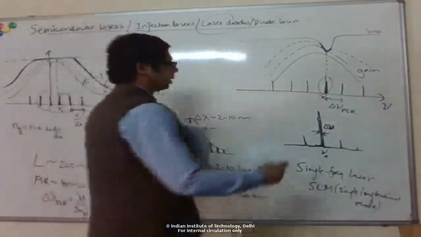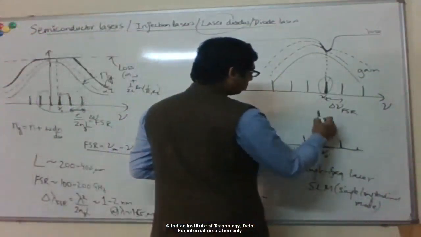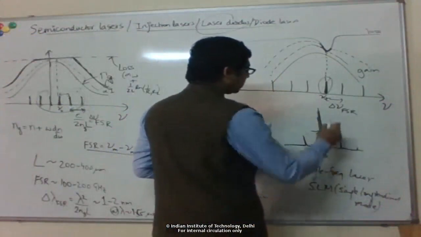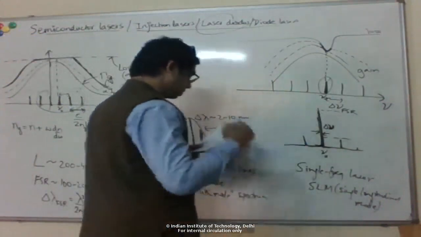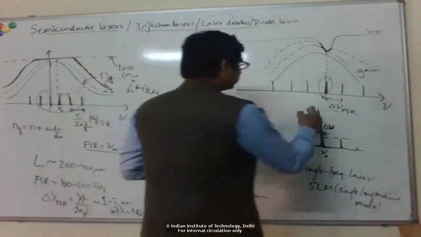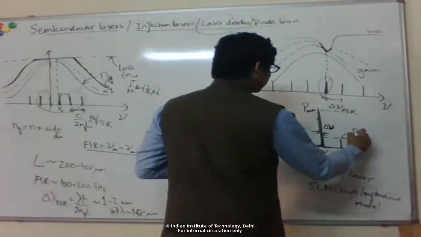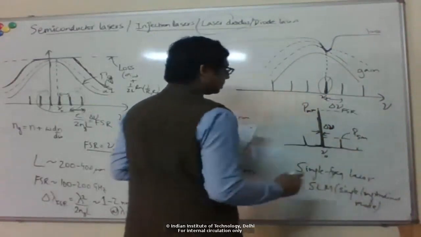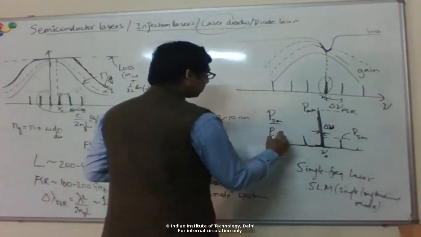There is also some power output at that, but you don't want that. You want only this particular laser. So you want to look at the suppression of this with respect to this, the power in the side mode divided by the power in the main mode.